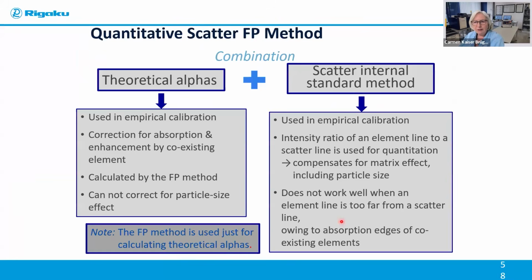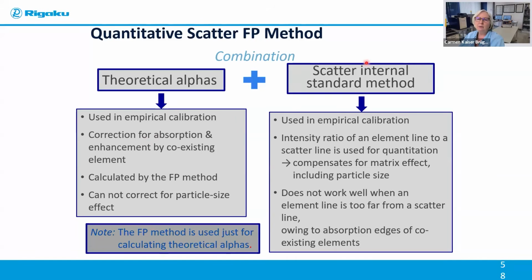In our software, we have a lot of flexibility because we can also combine the theoretical alpha corrections, which I already explained, which are absorption enhancement corrections with coexisting elements, which are pulled from fundamental parameters, and cannot correct for particle size, in empirical methods.